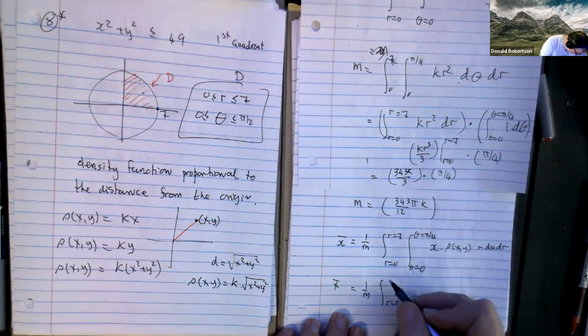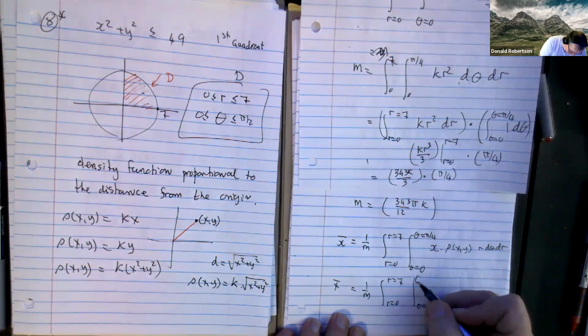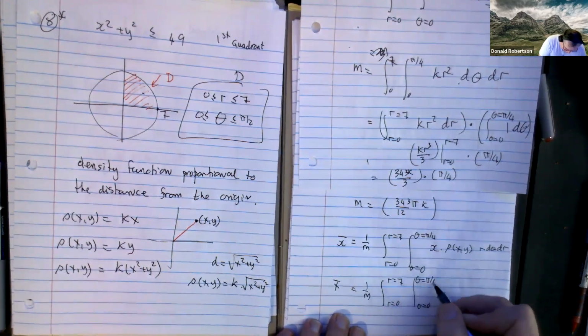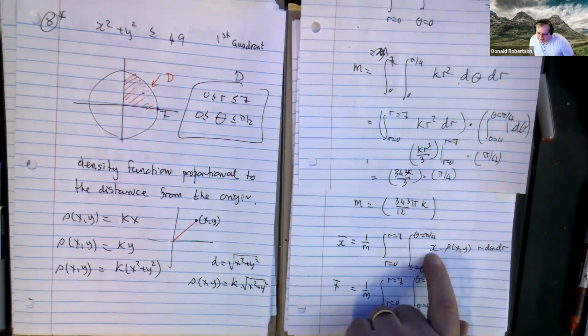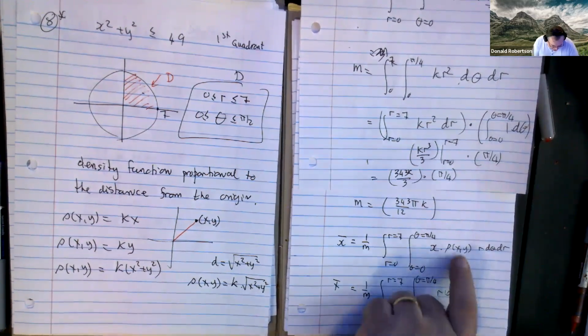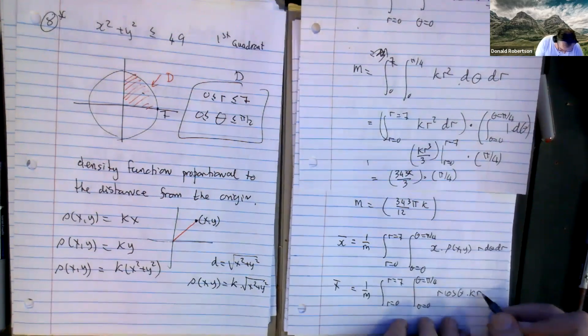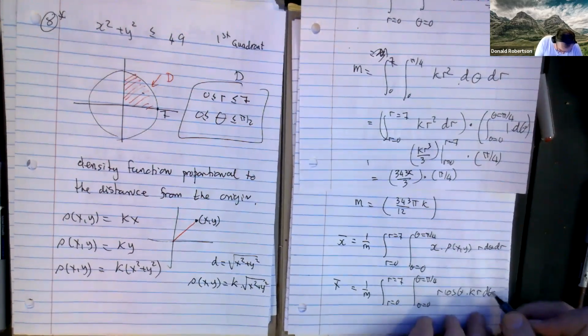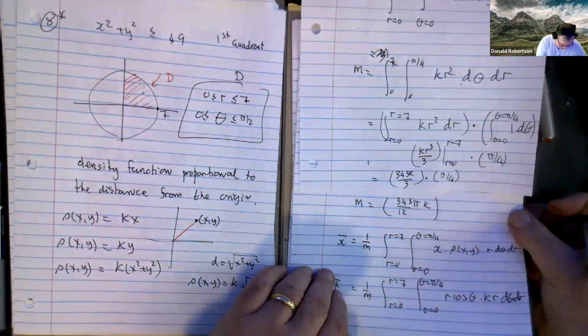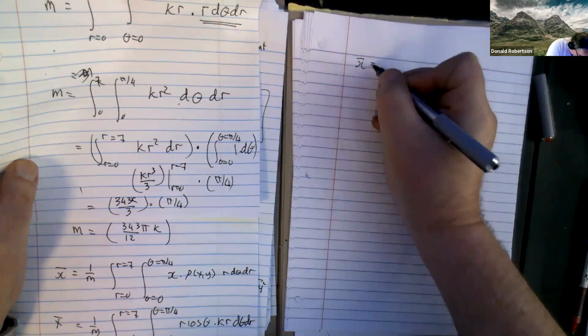This time x would become r cos theta. The density function we already calculated is k times r d theta dr.